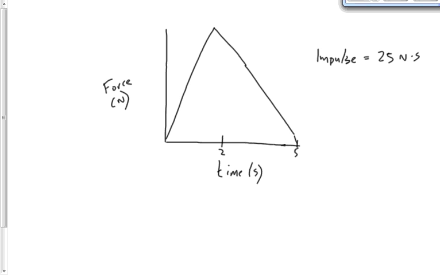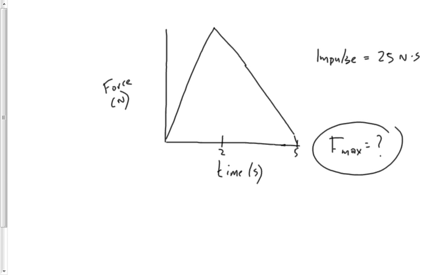I'm giving you the impulse in this question, 25 Newton seconds, and I'm giving you the shape of the graph. I'm asking you in this question, what's the maximum force? Force is changing, right? It's not the same value all the way through, but what's the maximum force? I'm going to start you off with 3 words, and then I'm going to see what you can do for the next 1 or 2 minutes on this question.